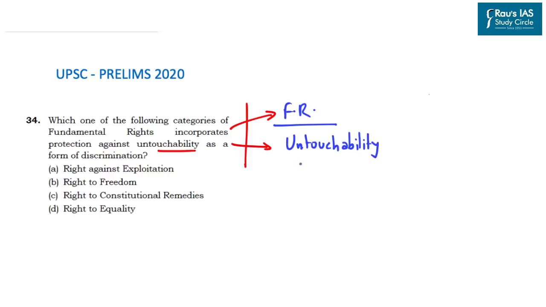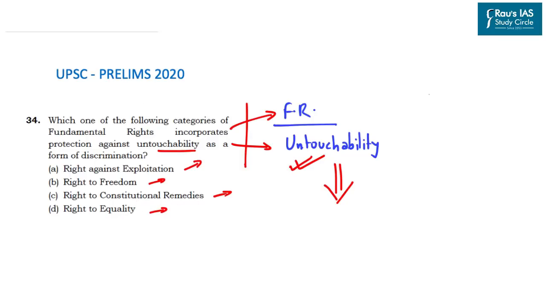So, what you need to know is which provision gets covered with respect to untouchability, and under which of these important fundamental rights this aspect of untouchability gets covered. So, the options given here are right against exploitation, right to freedom, right to constitutional remedies, and right to equality.